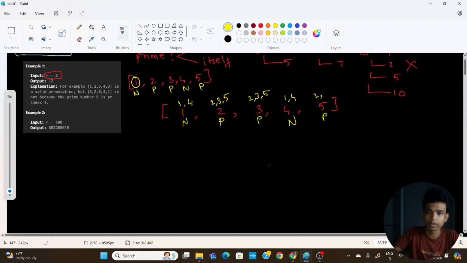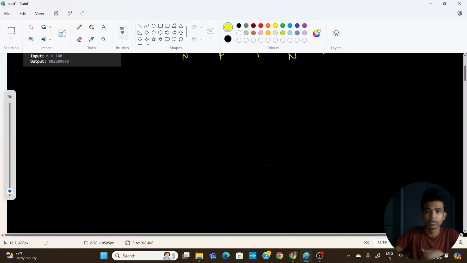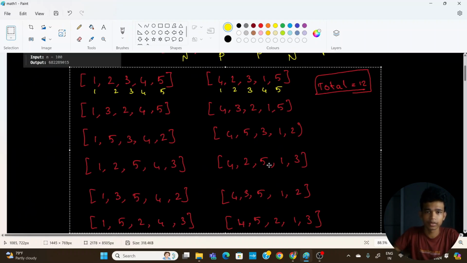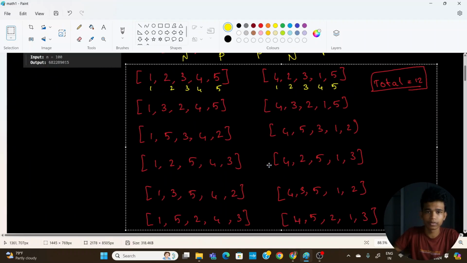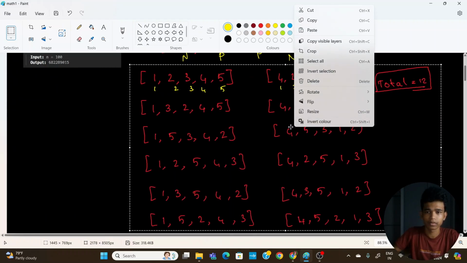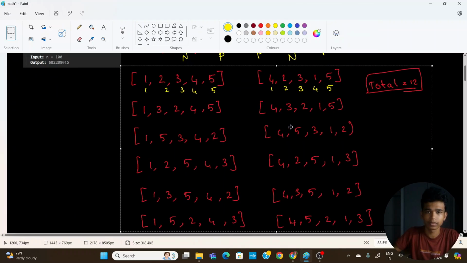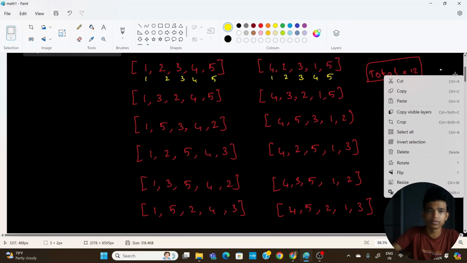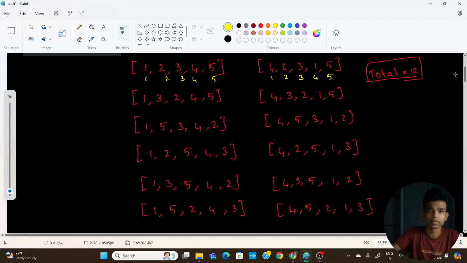Here, I can put 2, 3, 5. By doing such permutations, I get 12. So my permutation looks something like this. These are all the possible permutations we can make. Then I just wrote all 12 permutations.